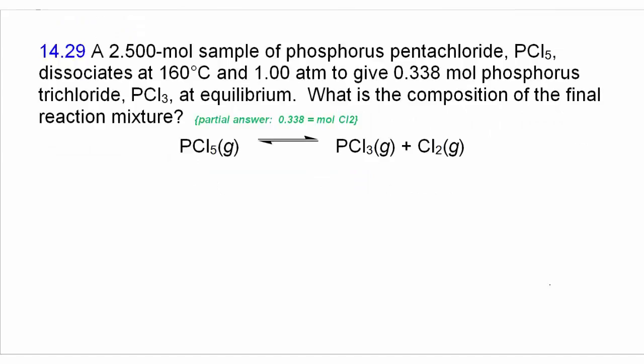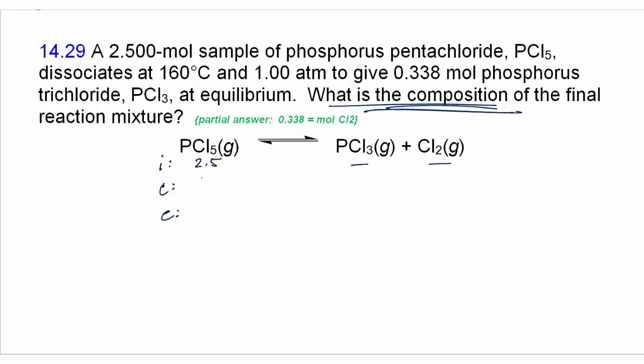A 2.5 mole sample of phosphorus pentachloride dissociates at 160 in 1 atmosphere to give 0.338 moles of phosphorus trichloride. What is the composition of the final reaction mixture? So again, what's this composition? Do ICE. So I have 2.5 moles of phosphorus pentachloride present initially. Okay, nothing else.